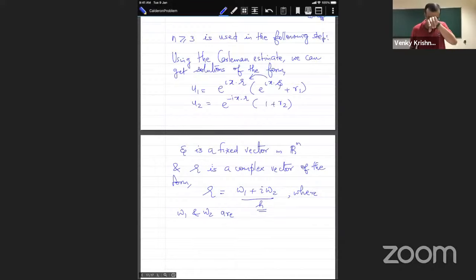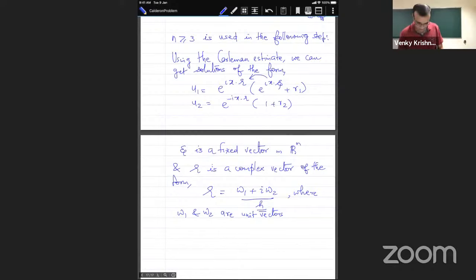So omega 1 and omega 2 are unit vectors, but you see that in order for e to the I x dot zeta to be a solution to the Laplace equation, you need that zeta dot zeta is equal to 0, which means the length of the real part of zeta is the same as the length of the imaginary part.